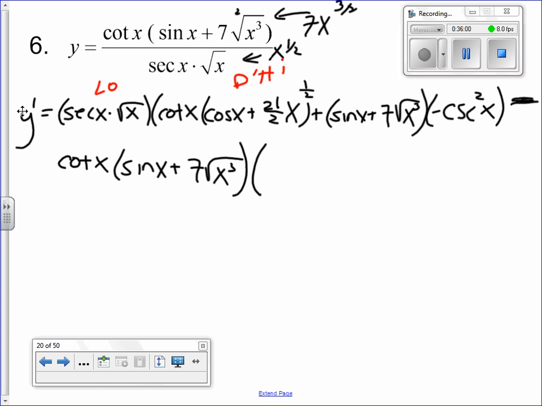First, secant x times the derivative of the second, plus the second, I don't care if you call it x to the half or square root of x, times the derivative of the first. Secant x tan x.